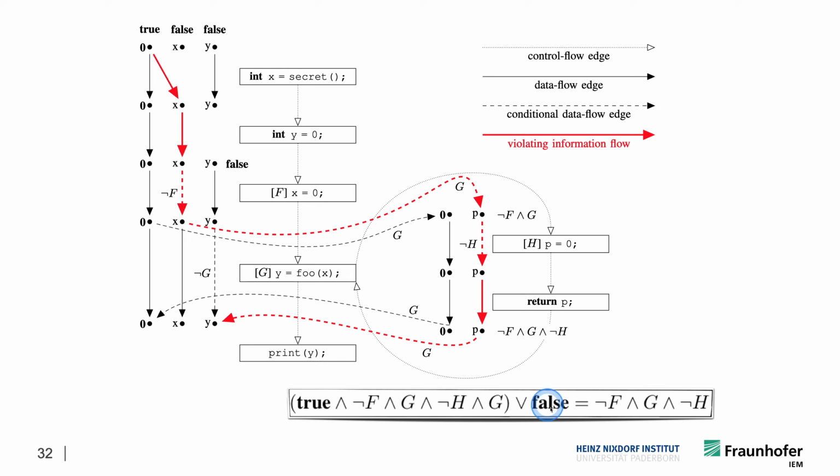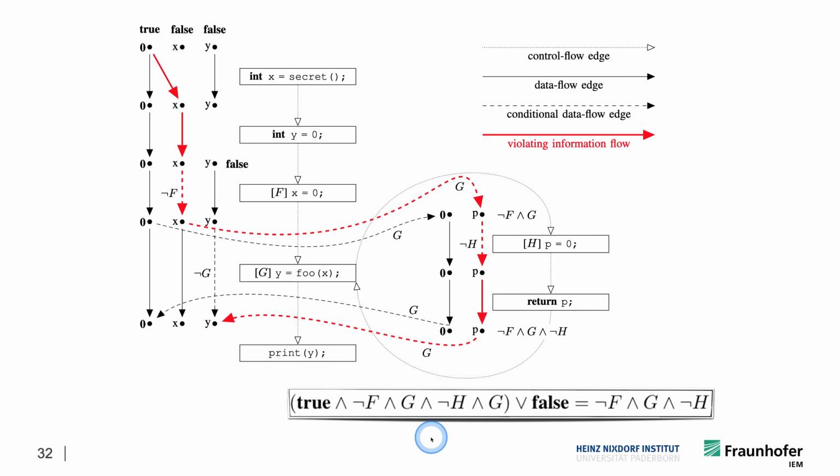Or we have false, which comes from this branch here. So we have false and not G, which gives us false along this branch. And we do a disjunction because we can come along this branch and we can come along this branch.